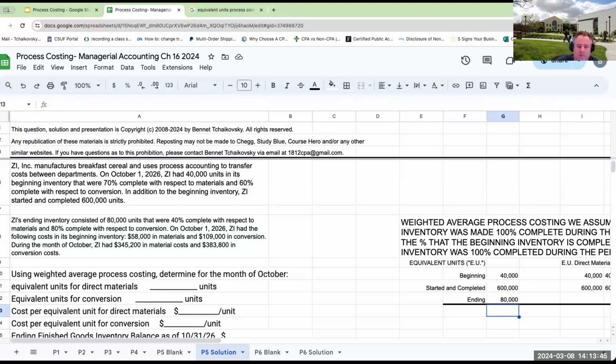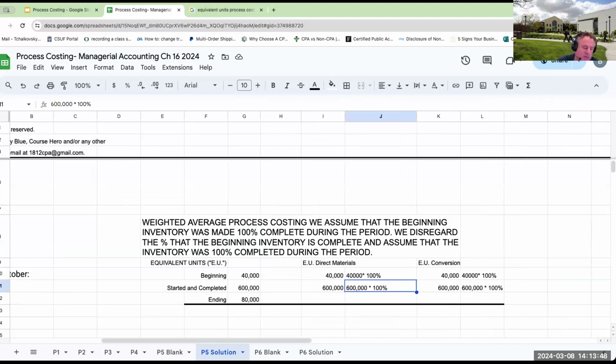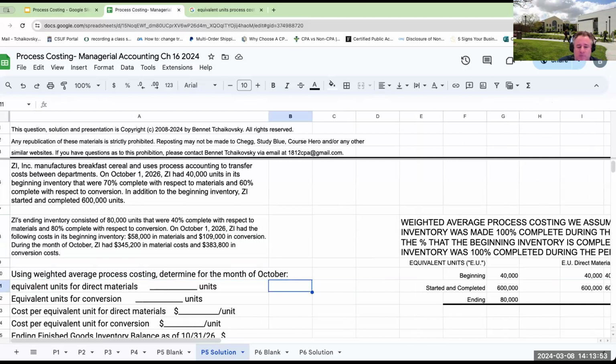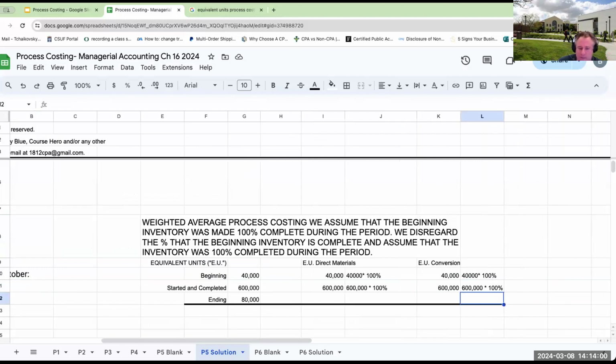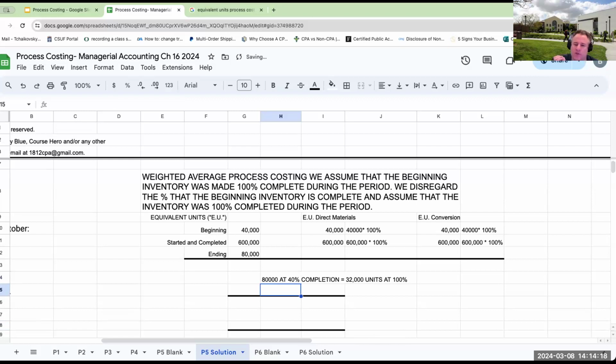Why is it not comparable? Because this was 100% completed. It was started and completed, so this was 100% completed during the period. But for this 80,000, this was only 40% complete. So what I need to think about is that 80,000 at 40% completion is equivalent to 32,000 units at 100% completion.